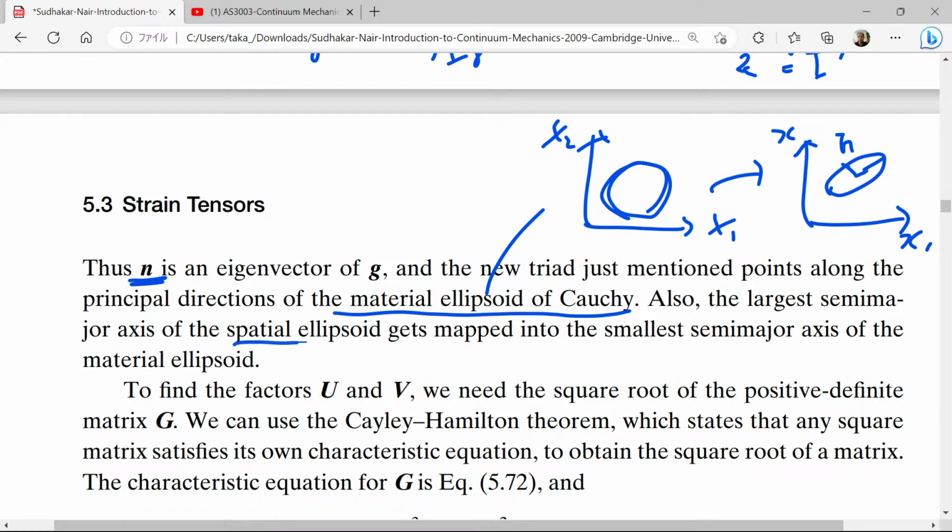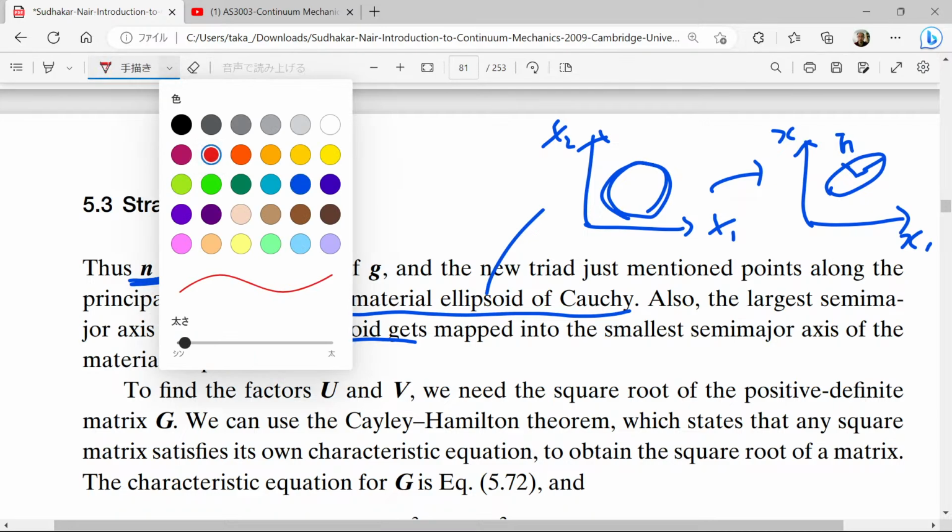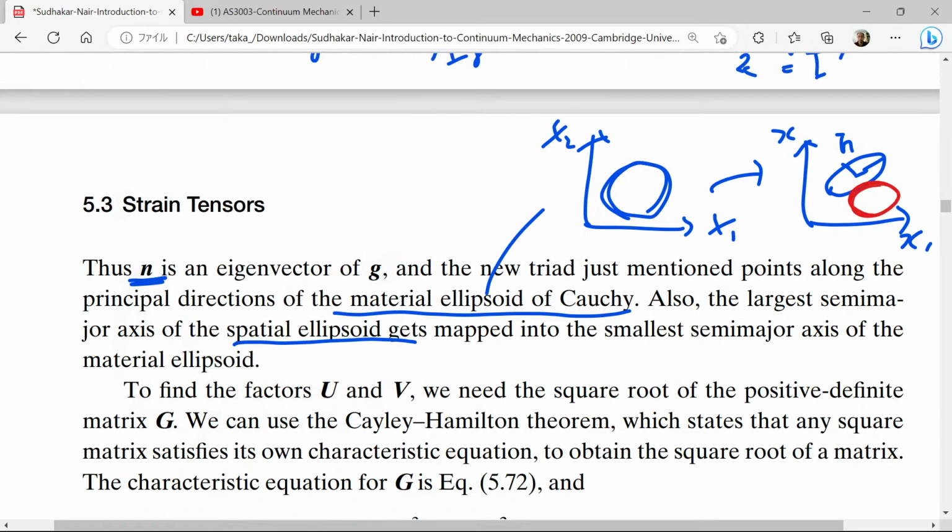The spatial ellipsoid is a sphere in spatial coordinate, mapped into the smallest semi-major axis of the material ellipsoid.